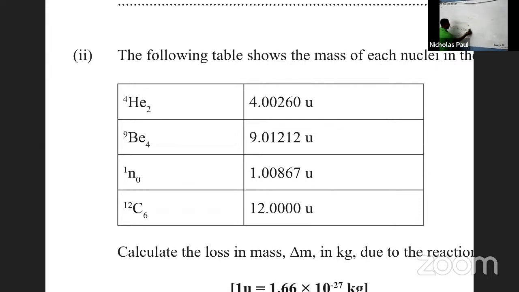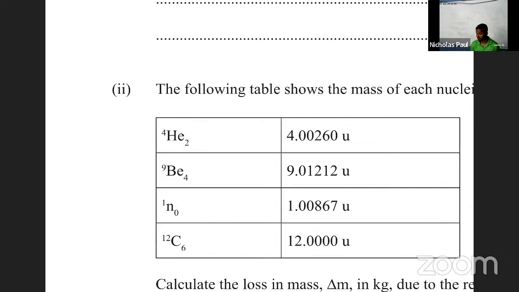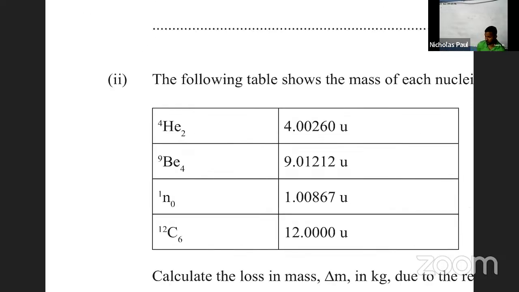You're following these steps I gave you. Everybody getting the values?